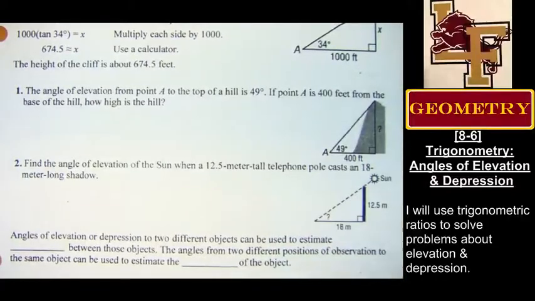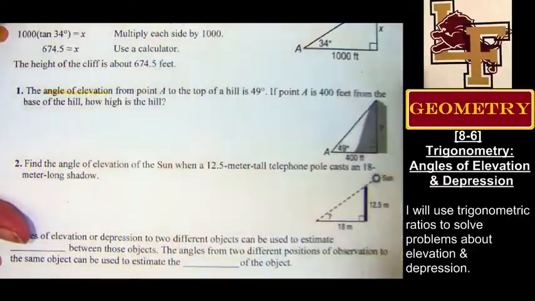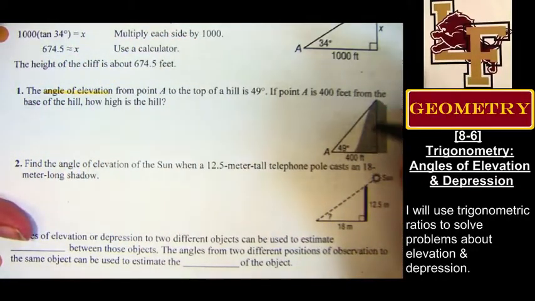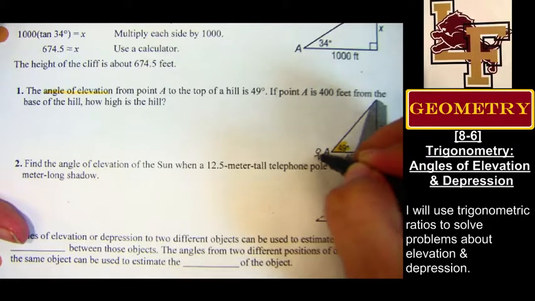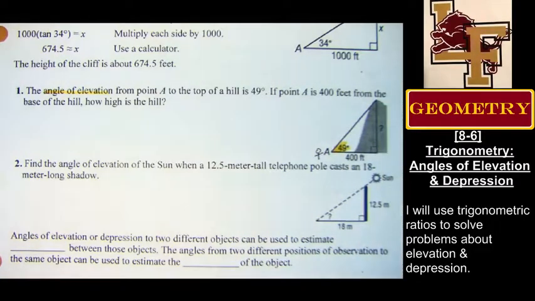The angle of elevation from a point A to the top of the hill is 49 degrees. So here is the measure of our angle of elevation. And remember, if I were standing here, that would be the angle. I would have to tilt my head back to look up at the top of the hill.